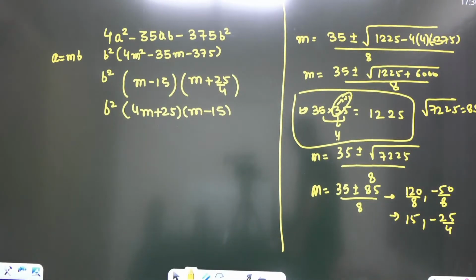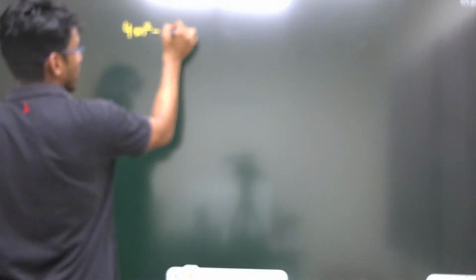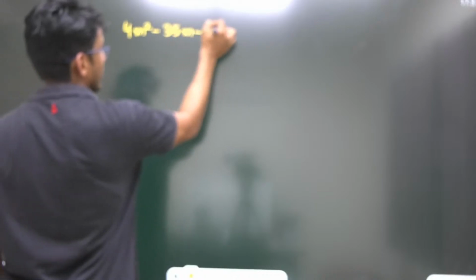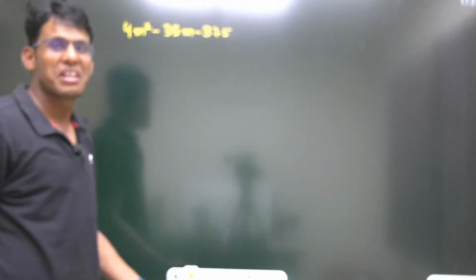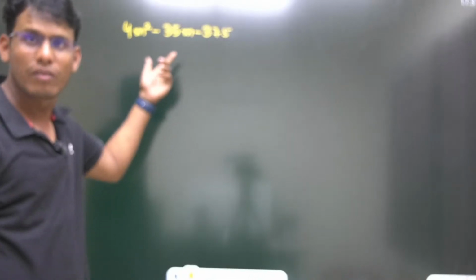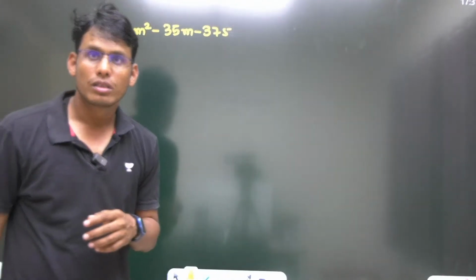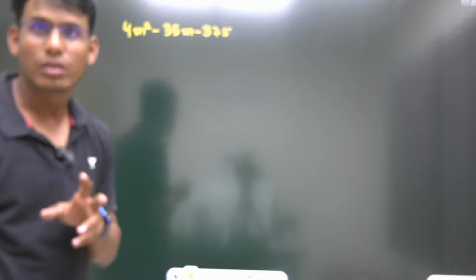Got it? Perfect. So let's see what we have here. I had 4m square minus 35m minus 375. I am very, very comfortable when the coefficient is 1, right? There is some lighting issue, I believe.